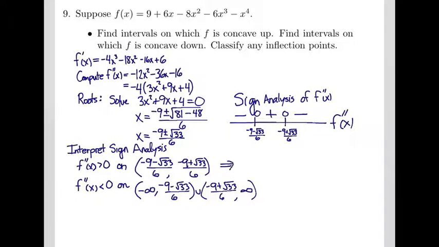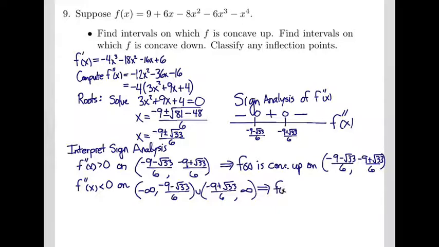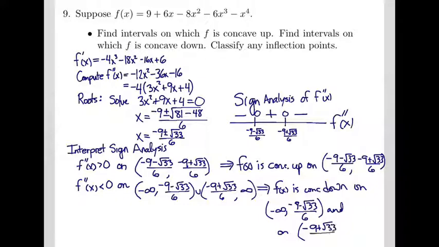And we interpret this, they allow us to conclude that my function f is concave up on the center interval, so negative 9 minus root 33 over 6 to negative 9 plus root 33 over 6, and f is concave down on two intervals, on the interval minus infinity to negative 9 minus root 33 over 6, and on this interval negative 9 plus root 33 over 6 to infinity.